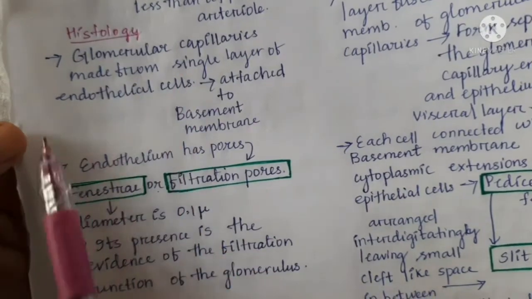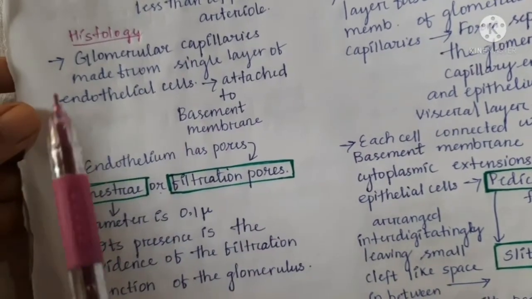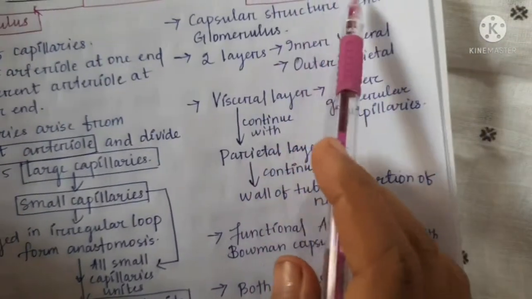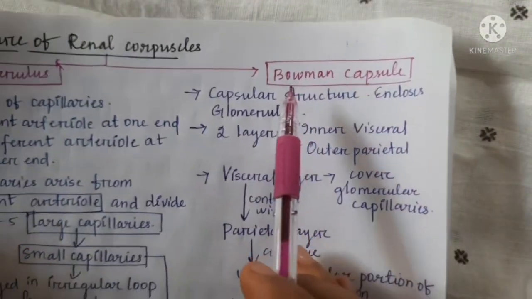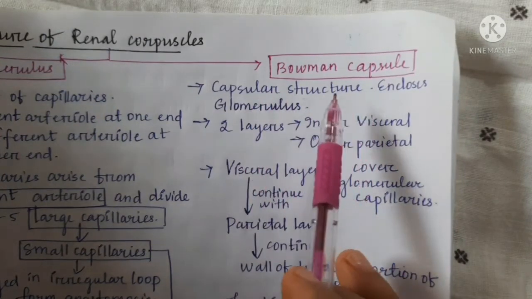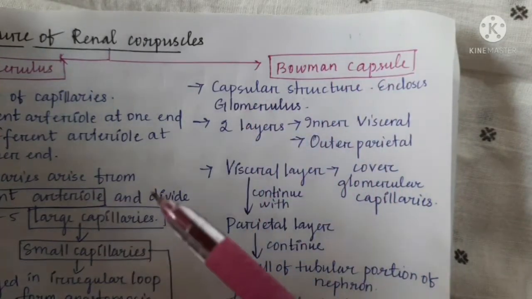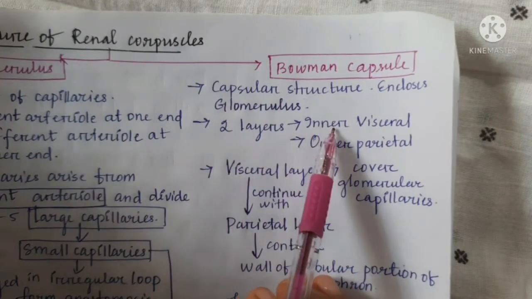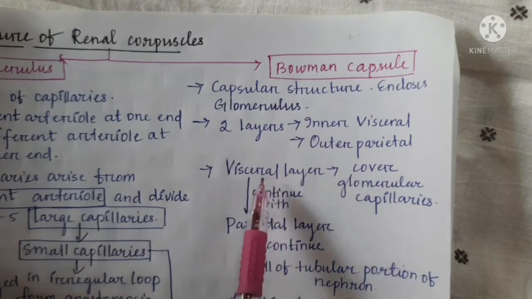Then glomerulus is over. Then come to the other structure of the renal corpuscle, which is Bowman's capsule. It is a capsular structure. It encloses the glomerulus. It has two layers, inner visceral and outer parietal.